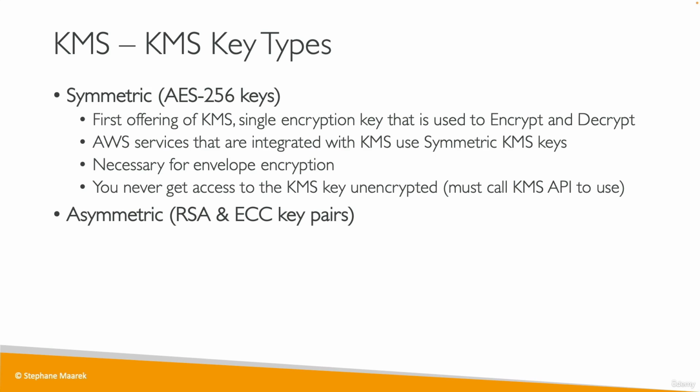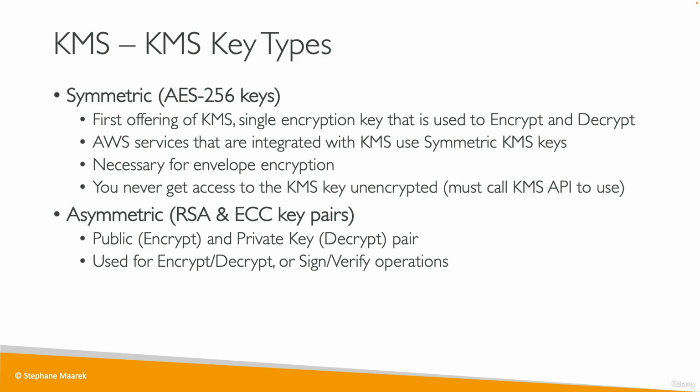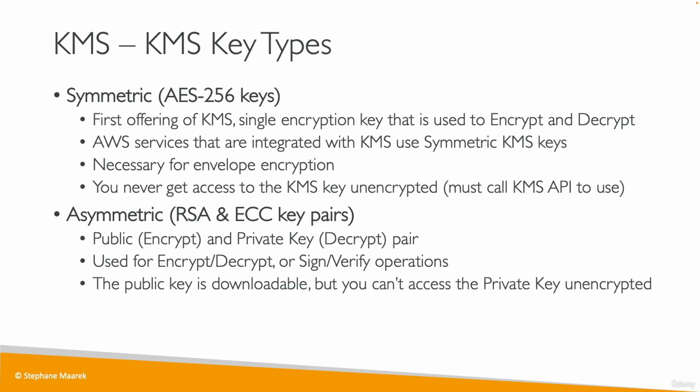Now, the asymmetric keys are new. It's a key pair, so it's a public key and a private key. The public key will be used to encrypt and the private key will be used to decrypt. Now, this is very helpful when you want to have encrypt, decrypt, or sign, verify operations, and you can download the public key. That means that you can encrypt stuff from anywhere with the public key, and you can send the public key to people that you don't trust in untrusted environments.